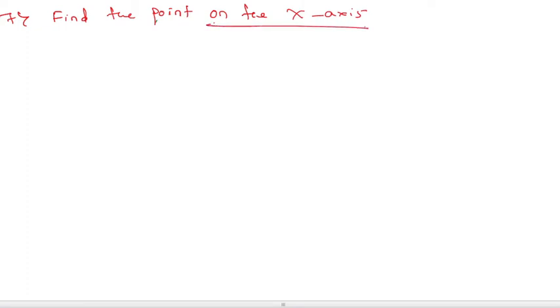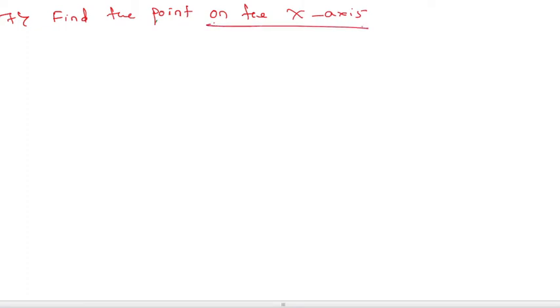Problem number 7. Find the point on the x axis. Here, point on the x axis means here y is equal to 0.